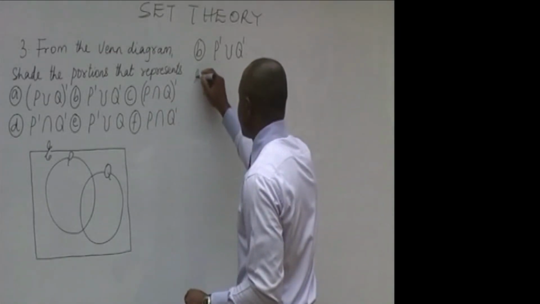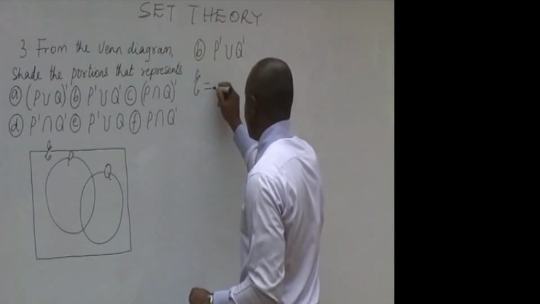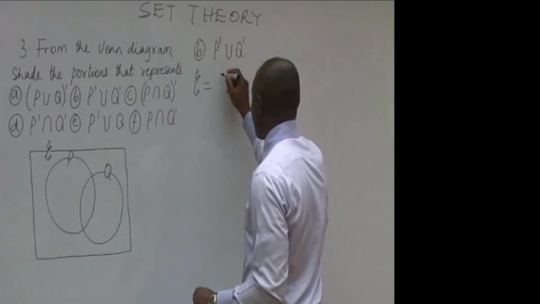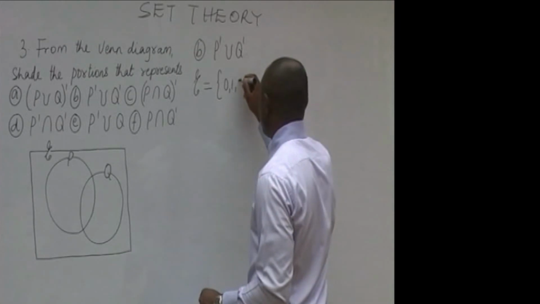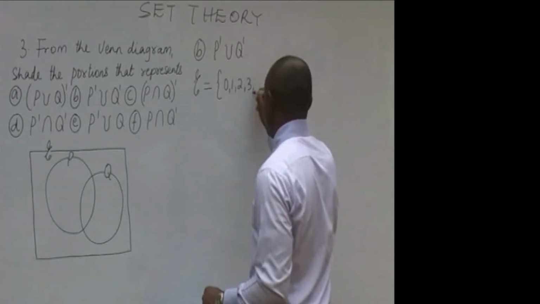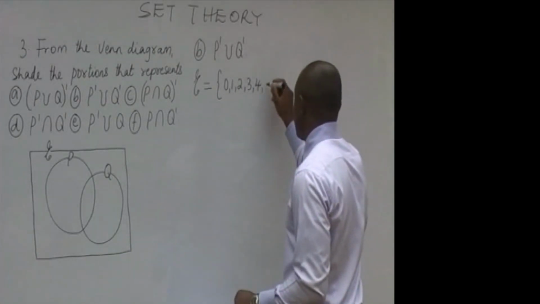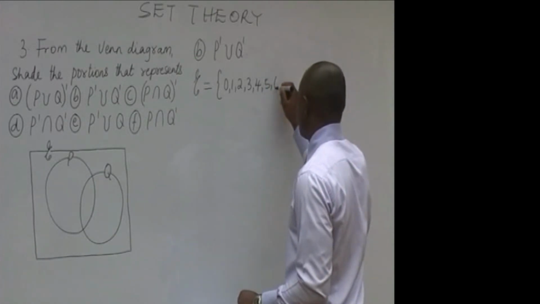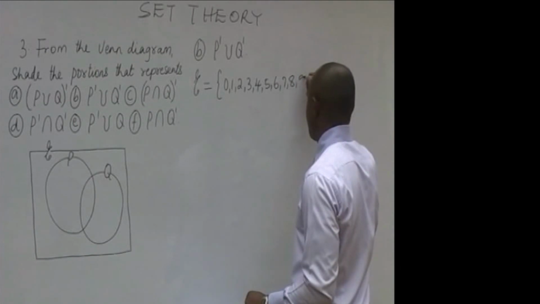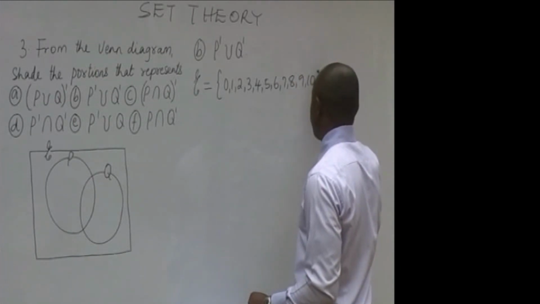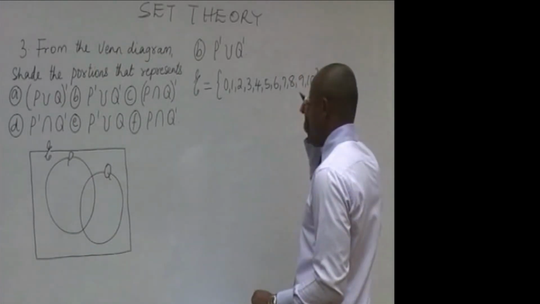So our universal set is 0, 1, 2, 3, 4, 5, 6, 7, 8, 9, 10. This is our universal set.